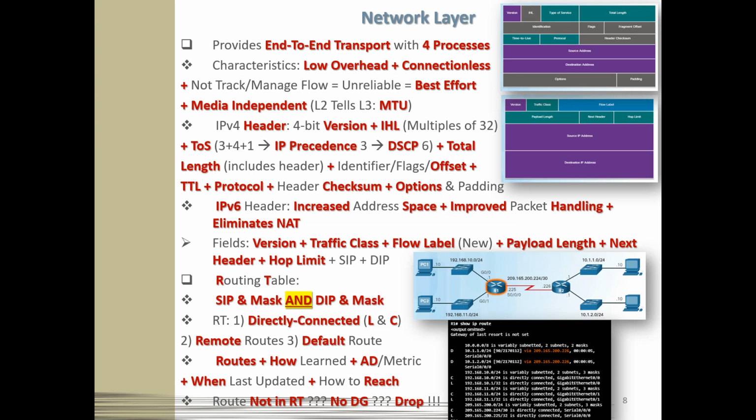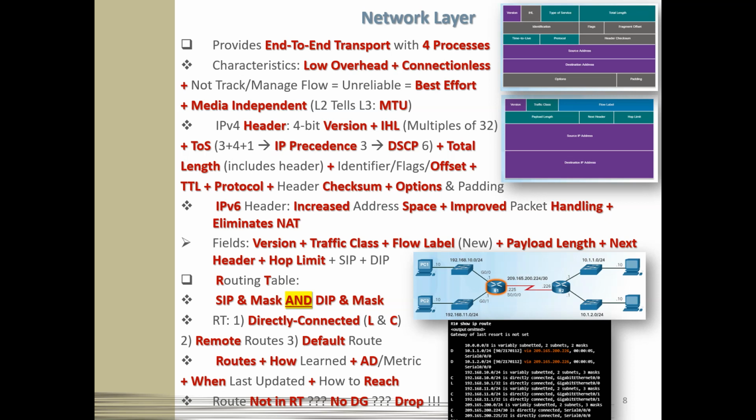So the trustworthiness of the route is represented by the first number, administrative distance or AD. The next number inside the bracket represents the metric or the cost to get to that remote network.